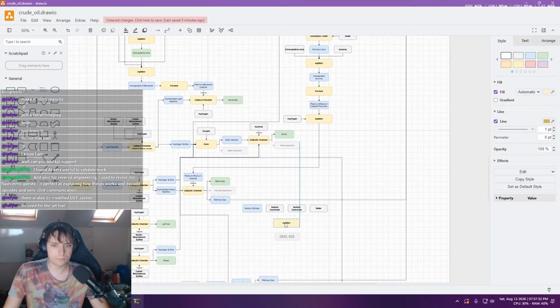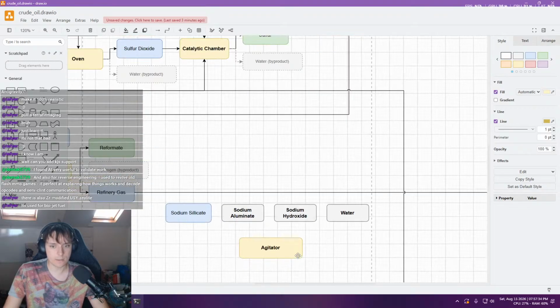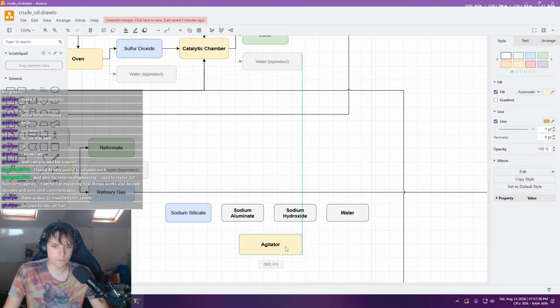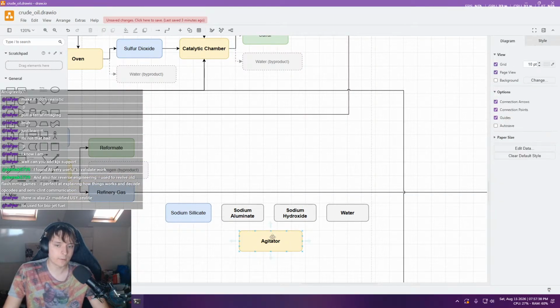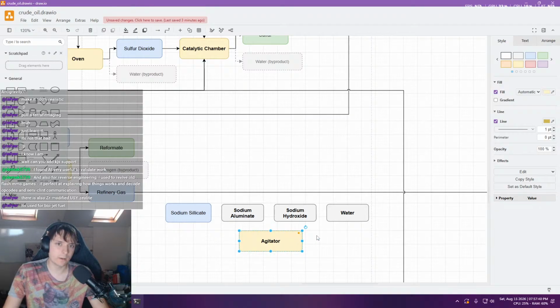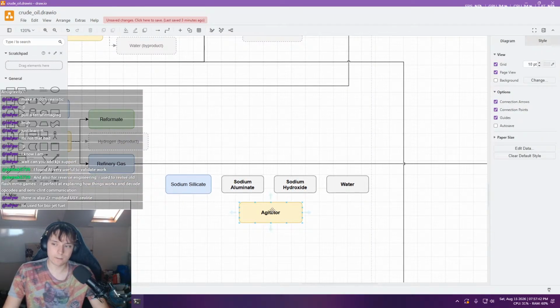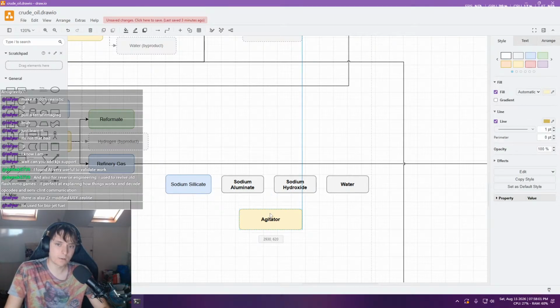Now, I am going to say the agitator is going to get scrapped as a thing. Or actually, it's the other way around. Currently I'm interchanging multiple things: I have agitator, I have mixer, I have chemical reactor. Technically, they are all different things, but they serve exactly the same purpose.